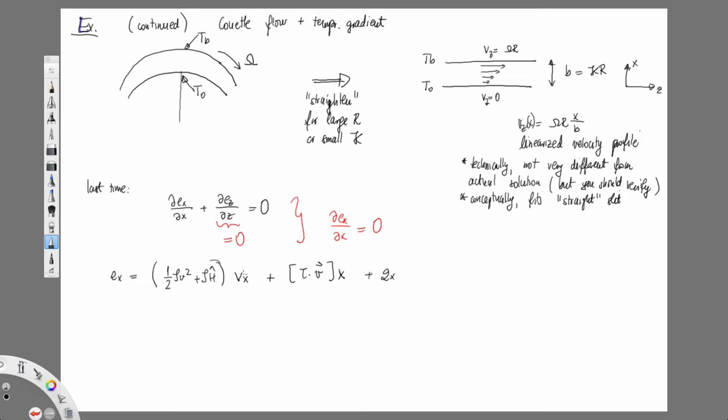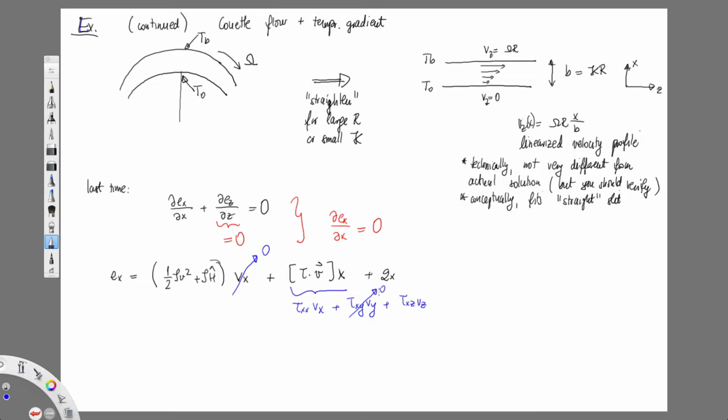My Vx is zero, I only have Vz, so this part is 0. This here is essentially the stress tensor as a matrix applied to a vector. So when I get the x component of it, it's tau xx Vx plus tau xy Vy plus tau xz Vz. Note that I have a y direction in this problem.